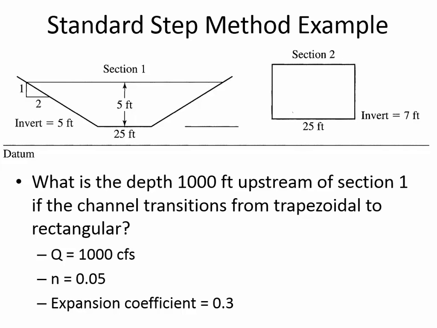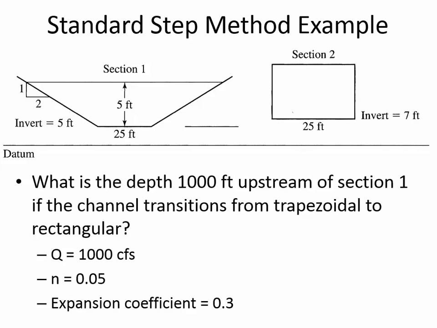So we need to classify the water surface profile at section 1. So at 1, the flow depth is 5 feet. And so, is this an S or an M? Is it steep slope or mild slope? Why is it mild?